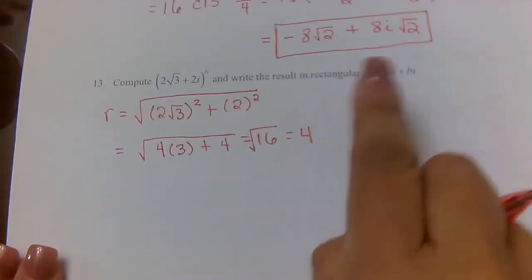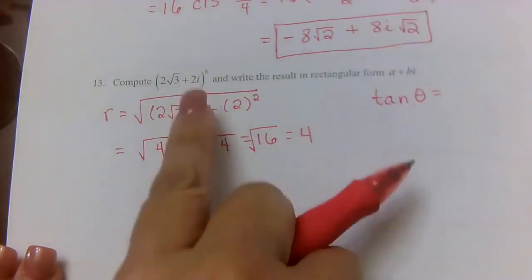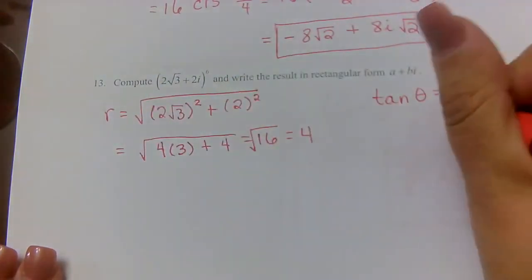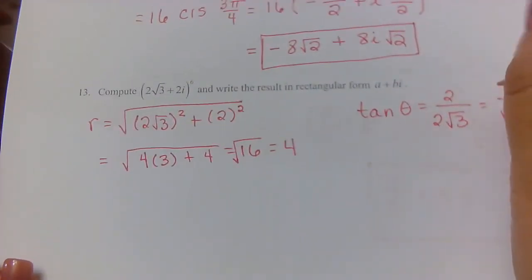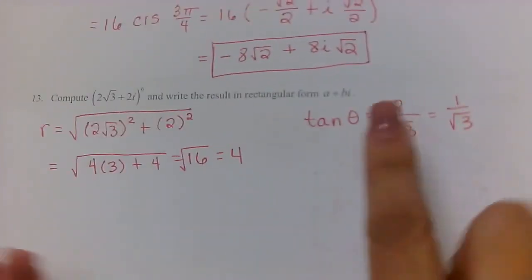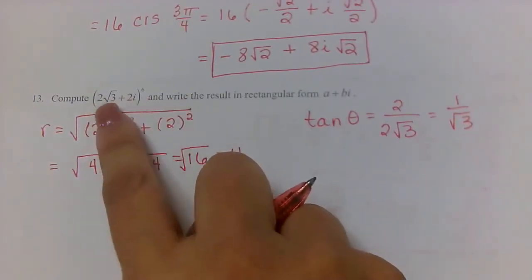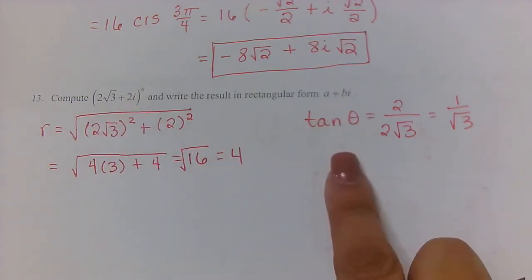Okay, for our theta, I'm going to say tangent theta is equal to b, which is 2, over 2 square root of 3, or in other words, 1 over the square root of 3. I can use the unit circle to determine this, and remember, we're looking at our a and b as being positive and positive, so our theta has to be in quadrant 1.